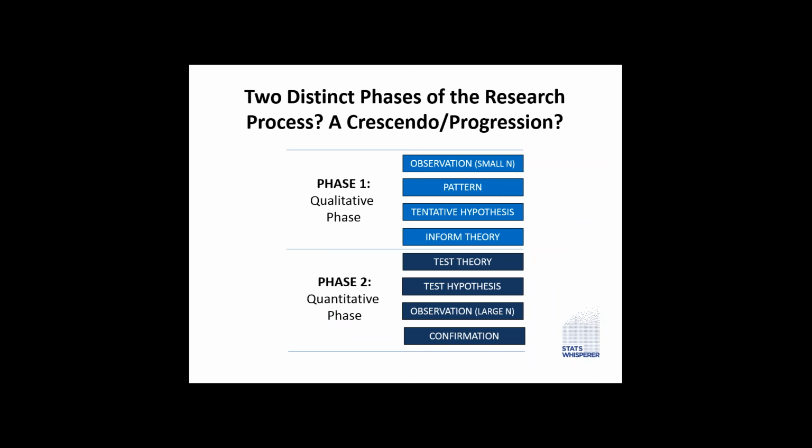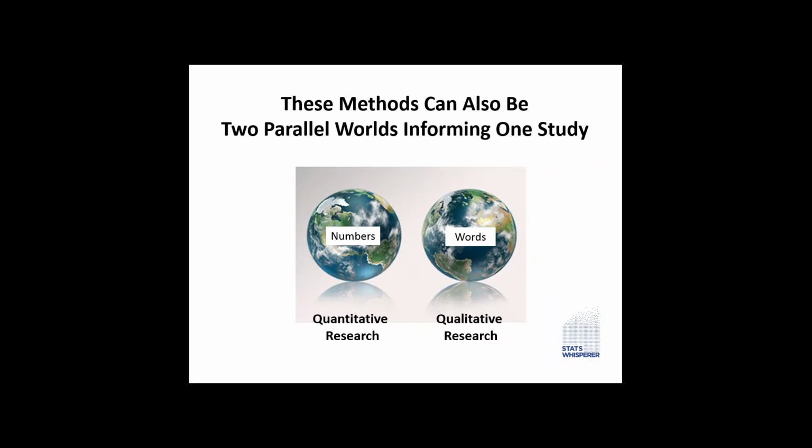But it's kind of a linear progression, right, from qualitative to quantitative. So what we're suggesting here in our webinar, right, is that these two parallel worlds don't have to be linear, that they can exist side by side. The numbers and words exist side by side to simultaneously inform one research study.